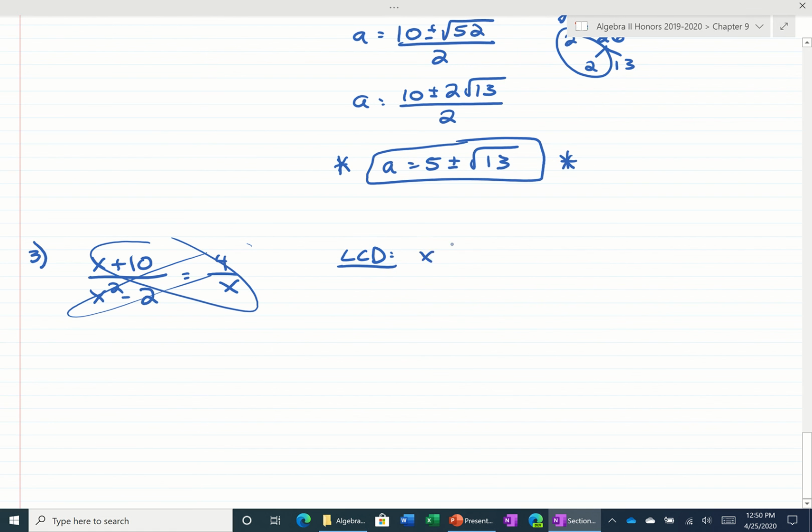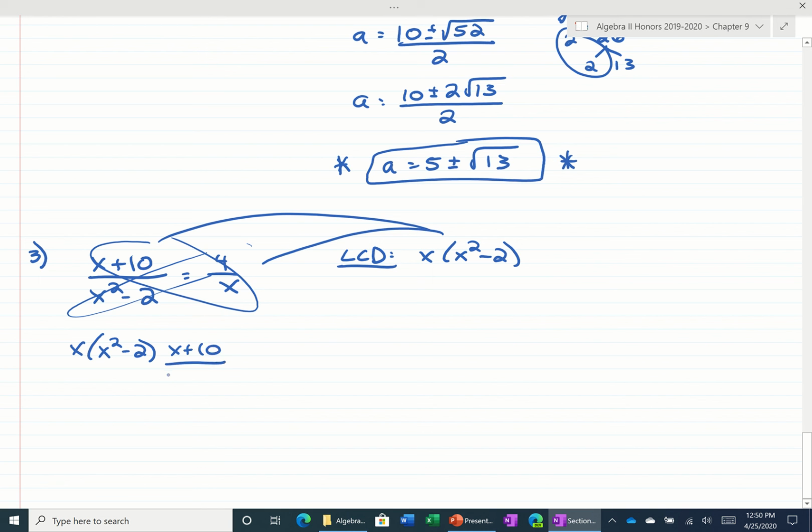The LCD would be x, and then x squared minus 2. So as before, I'm going to multiply that times everything. These cancel, and we get x squared plus 10x is equal to 4x squared minus 8.